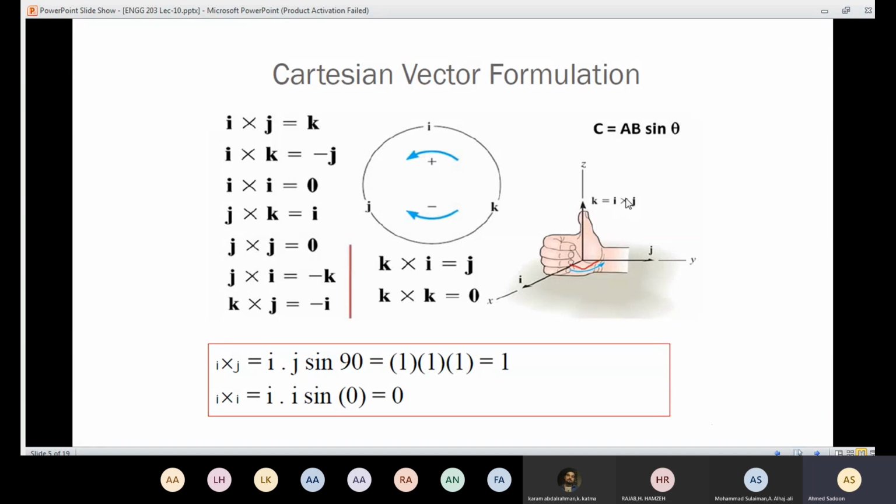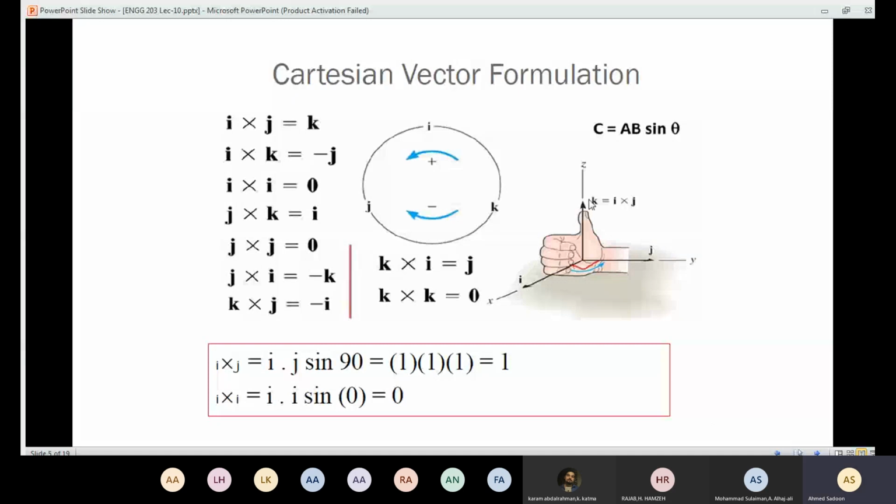It means that you are going to find minus I. So if you reverse the process, you find that K cross J equals minus I. And the same thing could be used if you move from K towards I, to get the product of I cross K.